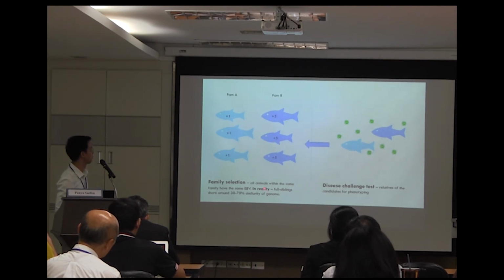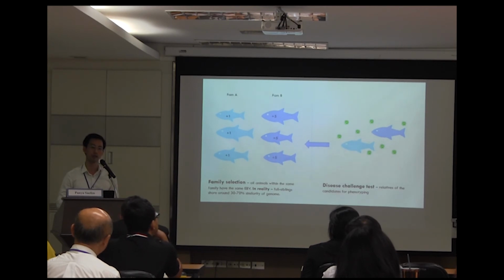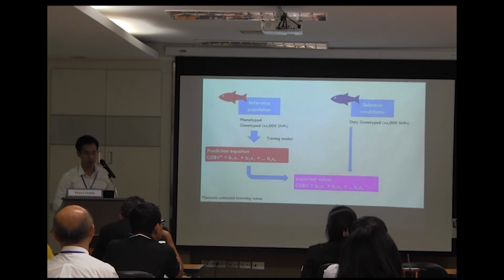But in reality, full siblings share not a half similarity of the genome, but about 30 to 70% of the genome instead. So in reality, the genomic breeding value should not be the same for animals within the same family. So this is the way of genomic selection.